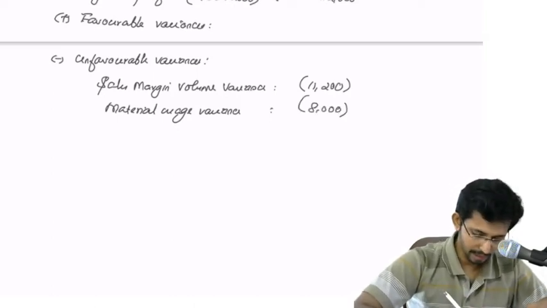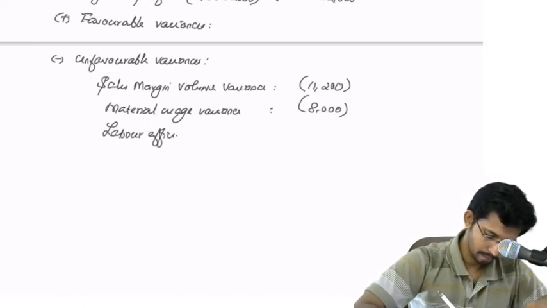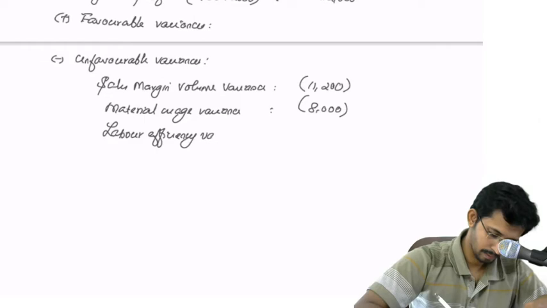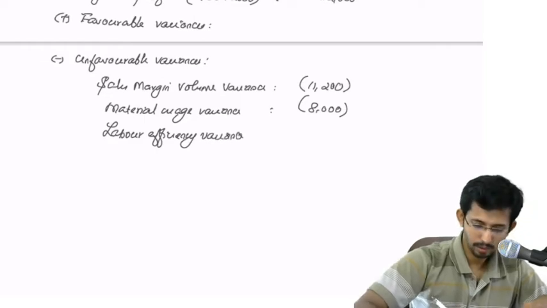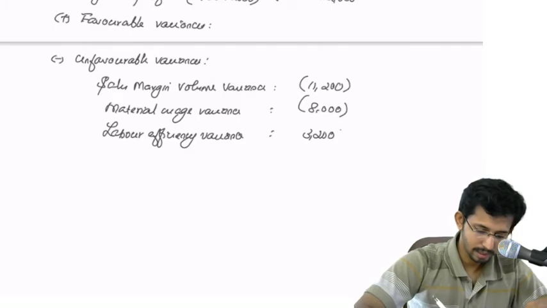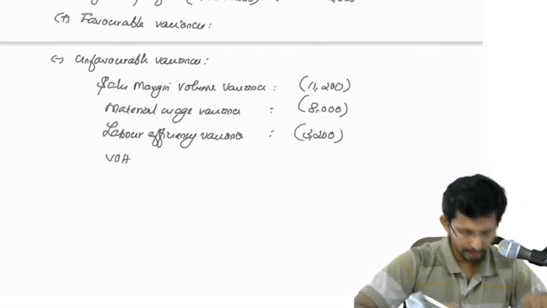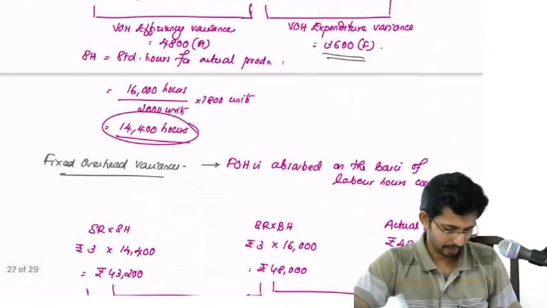Then labor efficiency variance, 3,200 negative because adverse. Now variable overhead, you have two variances in that.